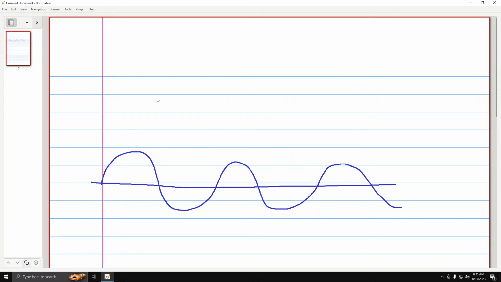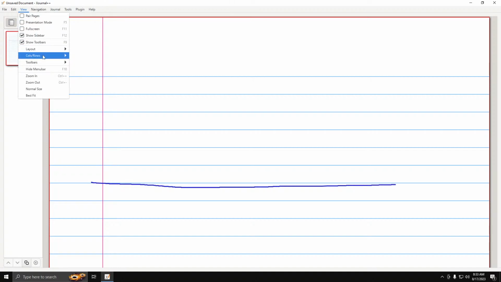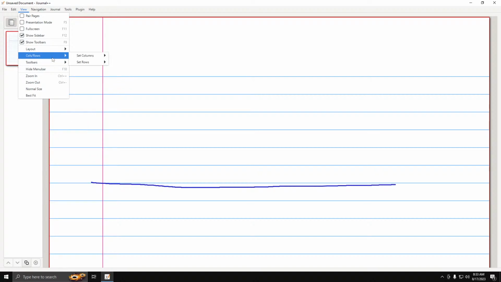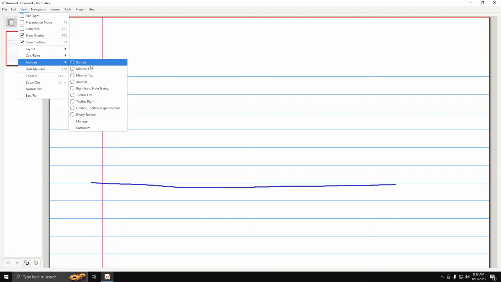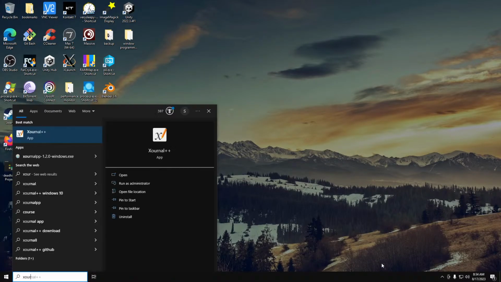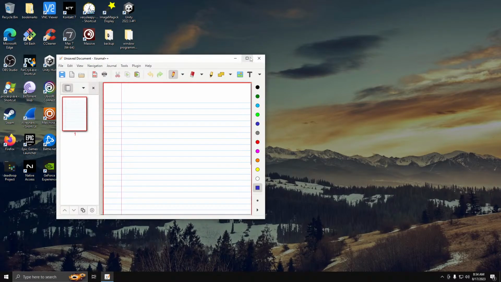You know, I think there's view. There's more tools, isn't there? Well, toolbar right just makes the application close. That's good. Oh, now it's kind of opened with everything else.